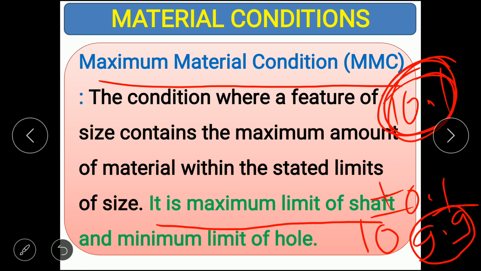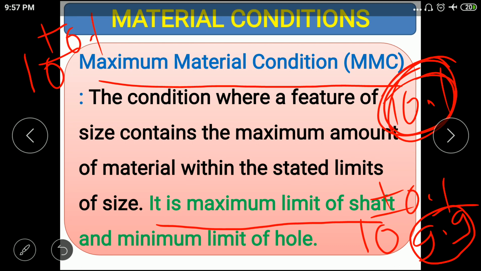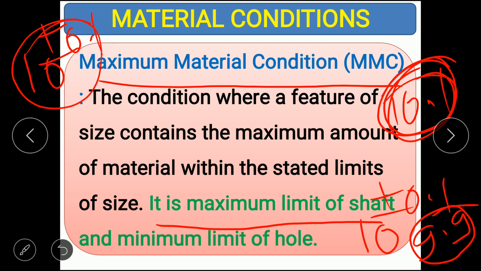So suppose the hole dimension is 10 plus or minus 0.1. If the hole dimension is at the upper limit, 10.1, then the material requirement is minimum. If the size of the hole is 10 minus 0.1, that is 9.9, then for that size the material requirement is more.